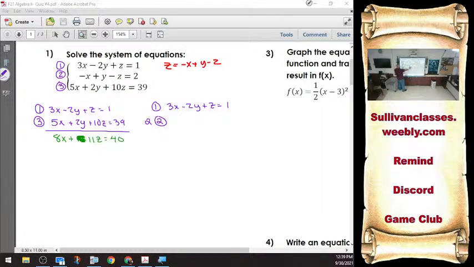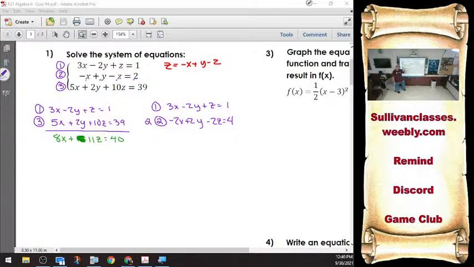If you write this, I can follow the work and I can give you credit for that process. So 2 by this, negative 2x. 2 by this, plus 2y. 2 by this, negative 2z. 2 by this, 4. A really common error that I see is kids will multiply this and this and this by 2, and forget that one. It's always the constant.